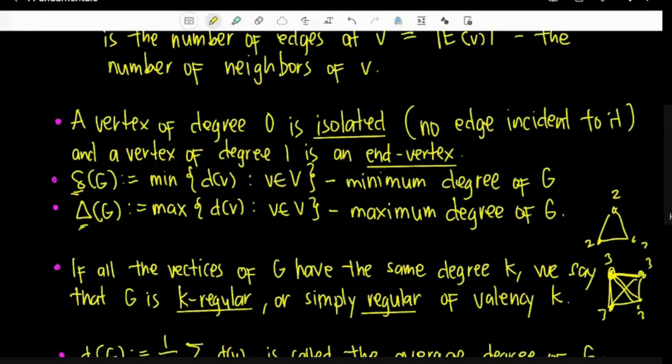So, for Kn, what is the degree? N-1. Okay, very good. Yes, that's n-1. So, that's the degree.